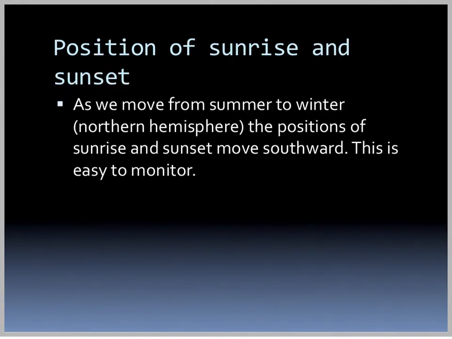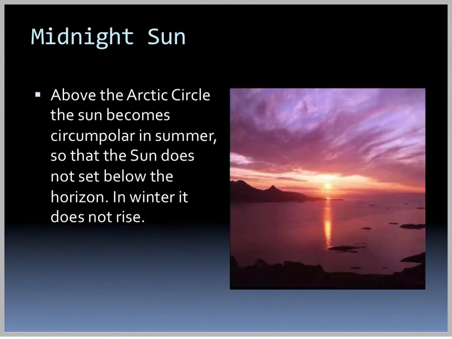So as we move from summer to winter in the northern hemisphere, the positions of sunrise and sunset move southward. It's really easy to monitor this. Above the Arctic Circle, the Sun becomes circumpolar in the summer, so that the Sun does not set below the horizon, and in the winter it doesn't rise above the horizon.